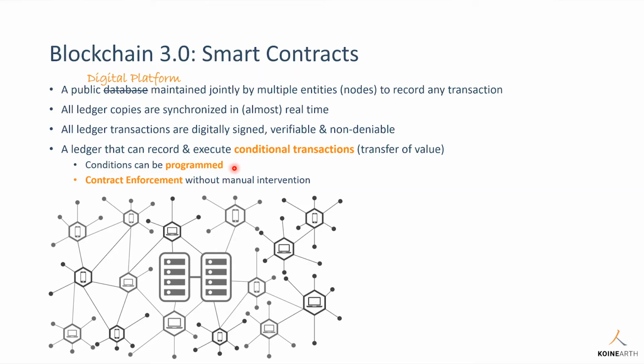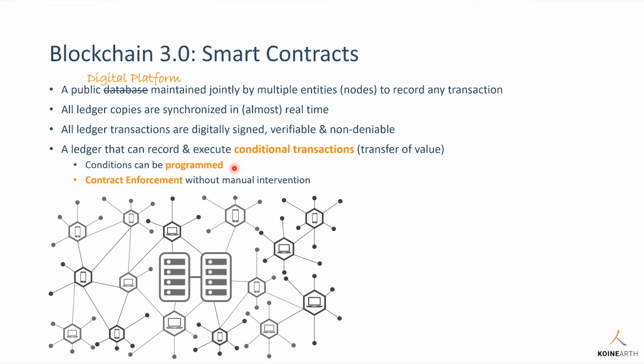And this statement is now a conditional transaction. The conditions for the transaction can be programmed by solution developers and application developers. And once you have a technology which can record conditional transactions, where the conditions can be programmed, you have converted a blockchain from a public database to a public digital platform.